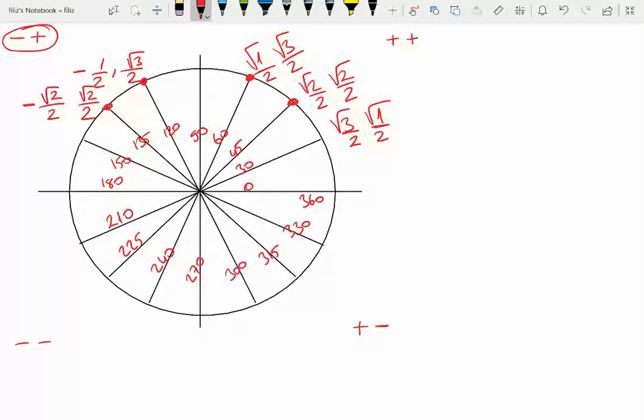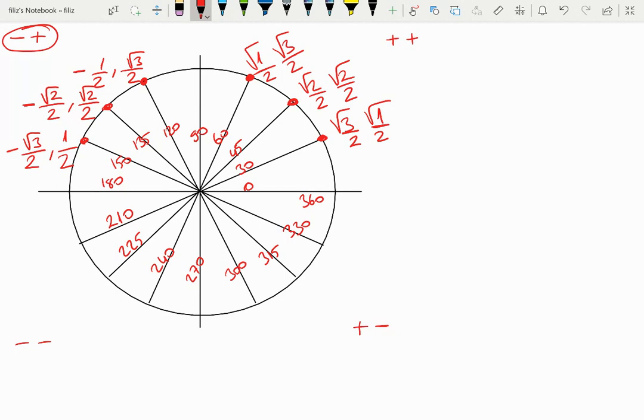The first one negative. Similarly here. Well, I don't have to write it like that. I can write 1 over 2. I don't have to use square root for the 1.